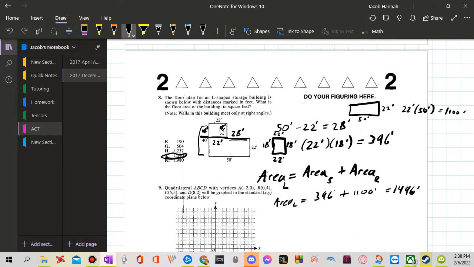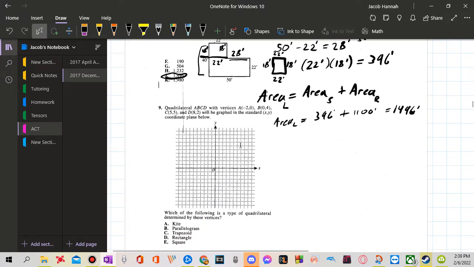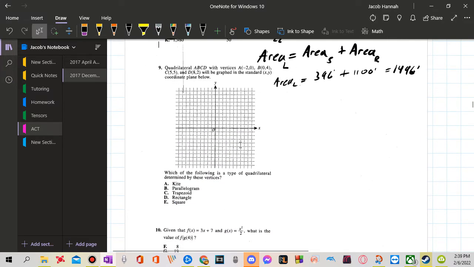So, okay. Spending a lot of time for a few easy problems. A quadrilateral ABCD with vertices... So let's plot these. A is -2, 0. So let's say that's this one, A. B is 0, 4, so 1, 2, 3, 4.